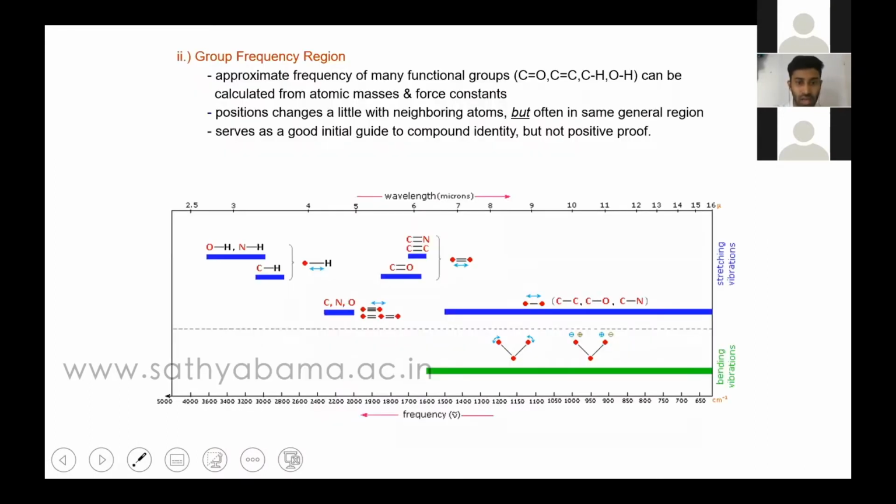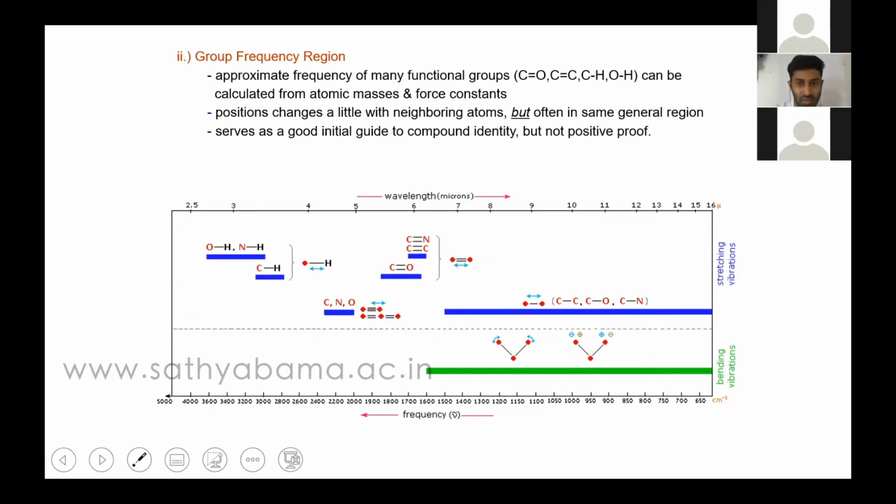Like I mentioned, these vibrations are specific to a molecule. For example, if it is OH or NH, it will come in this particular region around 3200 or so. If it is C=O, C=N, or C=C, it will fall in the 1700 to 1600 region.